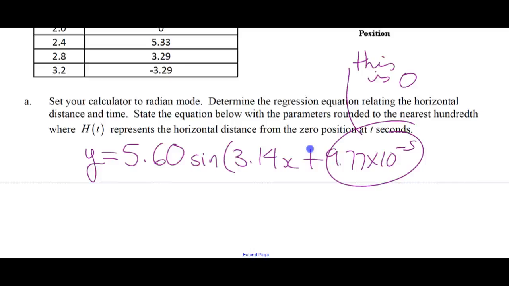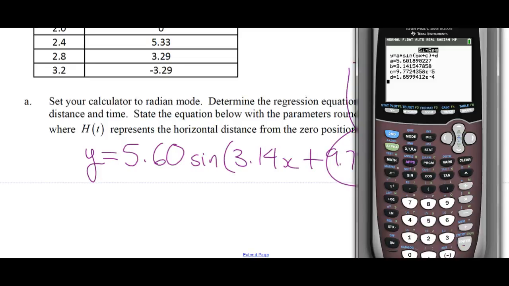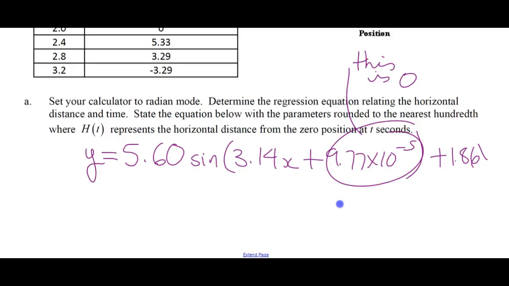So you'd have to write as 3.14 bracket x plus whatever that was, which is 0 divided by pi, which is still 0. I would just say it's nothing. Plus 1.86 times 10 to the negative 4. Hint, that's also 0.